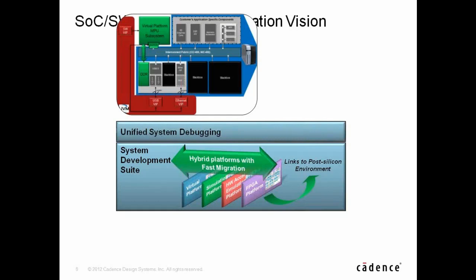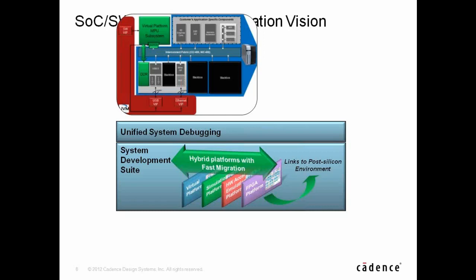We're targeting getting to unified system debugging. Now, this requires a lot of pieces to be in place, but the starting point is debug your multi-language code at the test bench level in simulation. You want a virtual platform debugger that looks remarkably similar, right? Well, that's available now. Then how do you actually integrate that with debug of software, maybe on the Palladium FPGA?